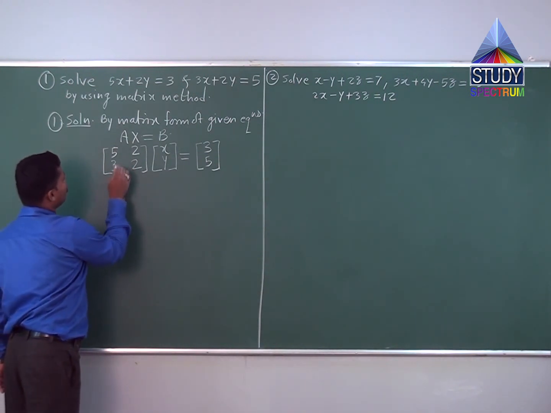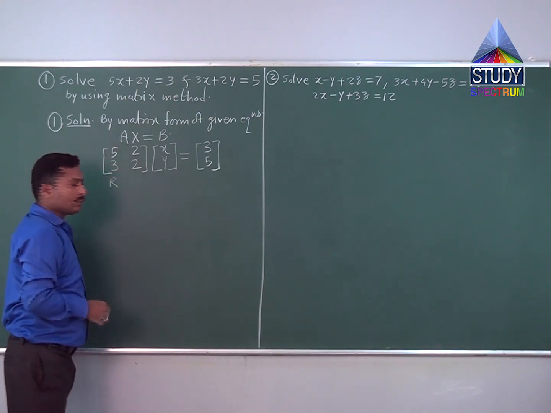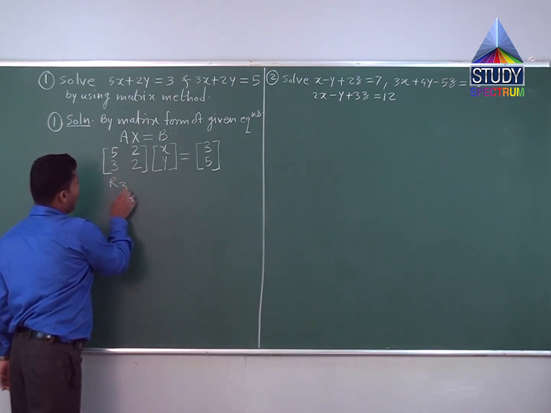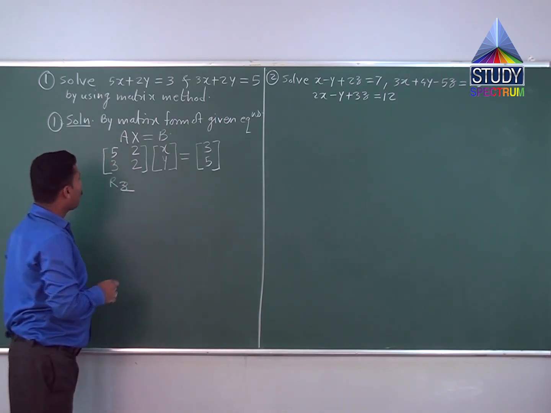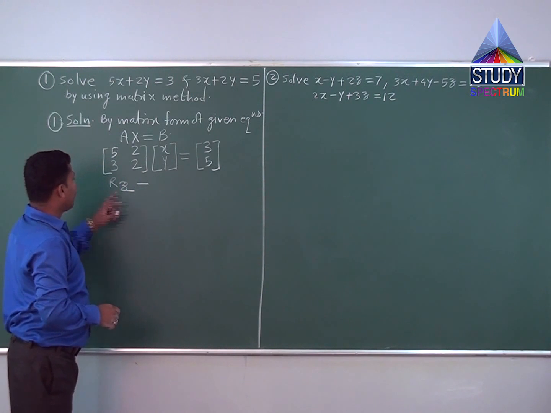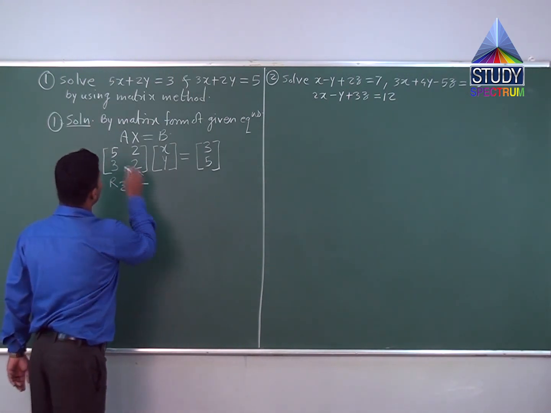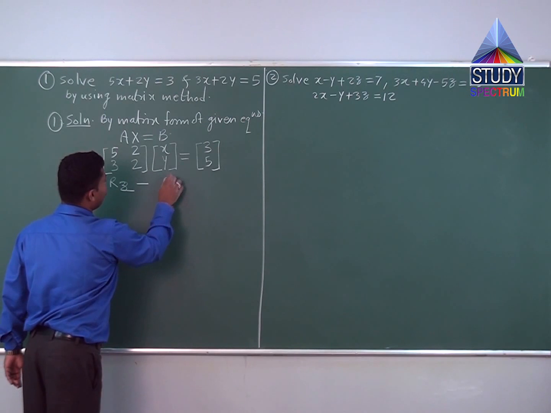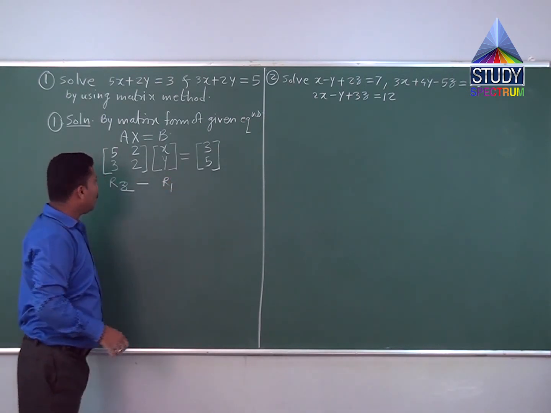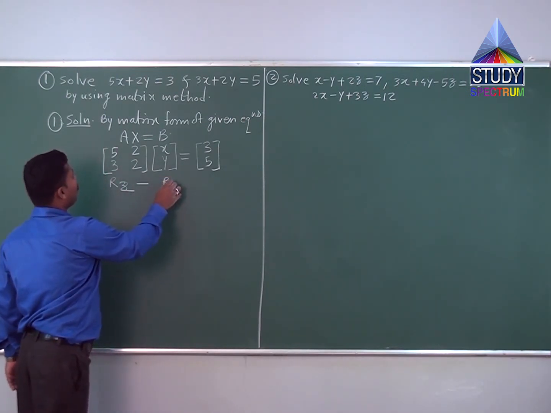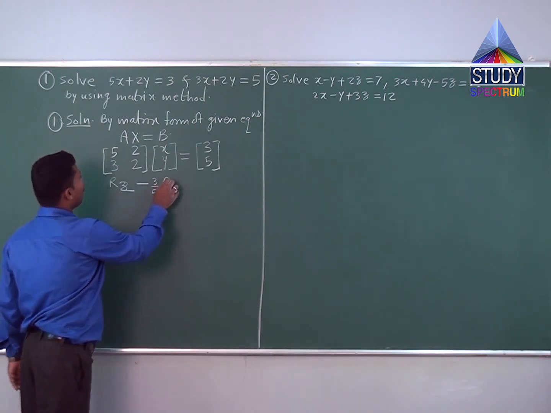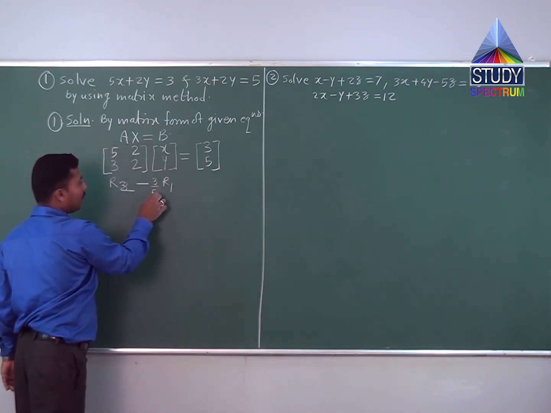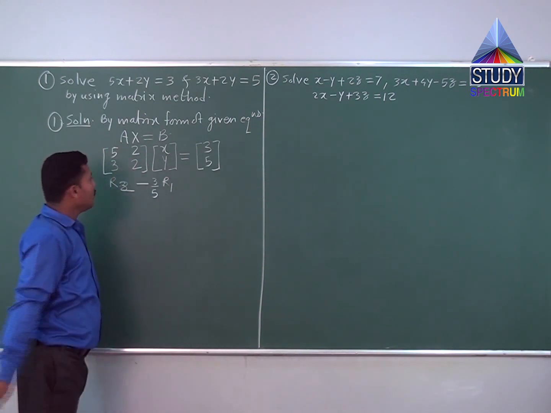Suppose this is R2, the second row, minus, here is 3, minus this is the first row R1 with 5. We want 3 instead of 5, so we multiply by 3 upon 5, meaning R1's 5 gets cancelled, only 3 minus 3, 0.